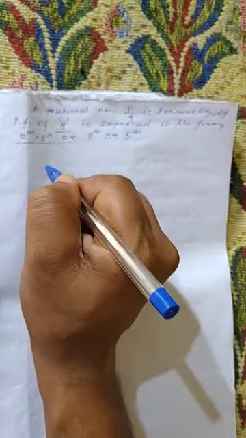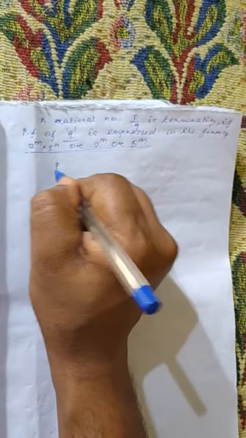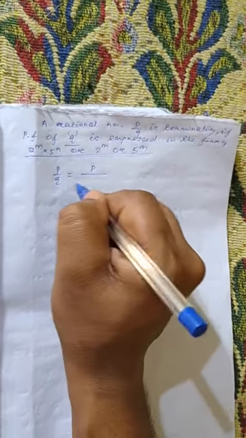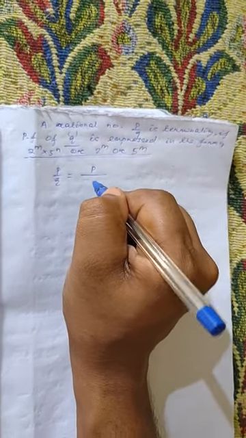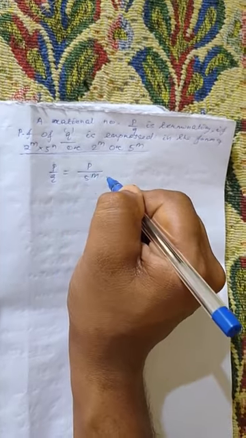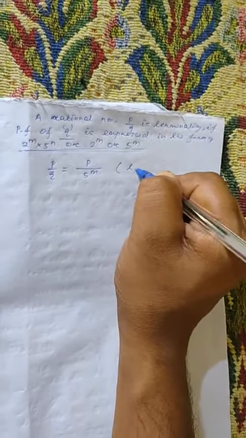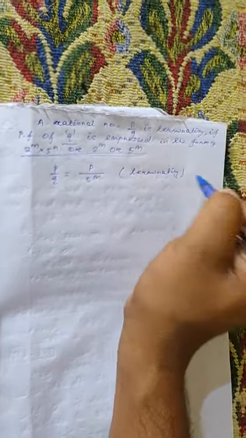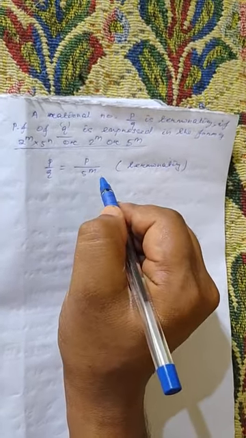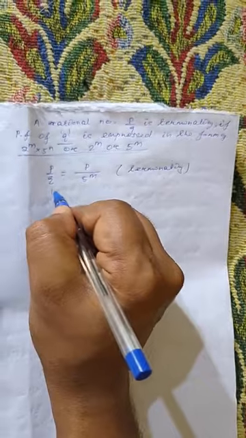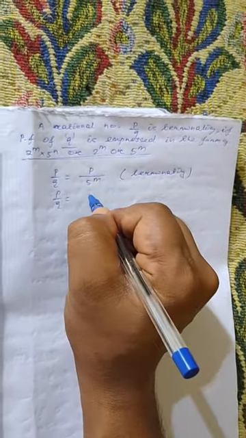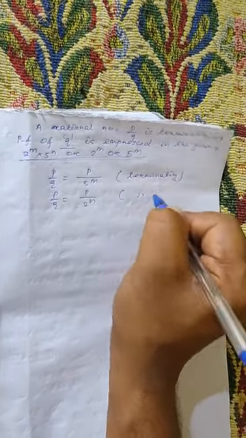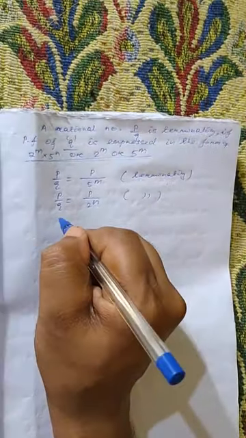Suppose p by q, and in place of q I write 5 to the power m. That means it is terminating, because it has 5 to the power m. Similarly, p by 2 to the power n is also terminating.